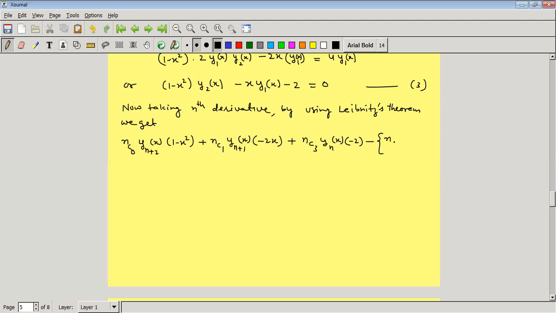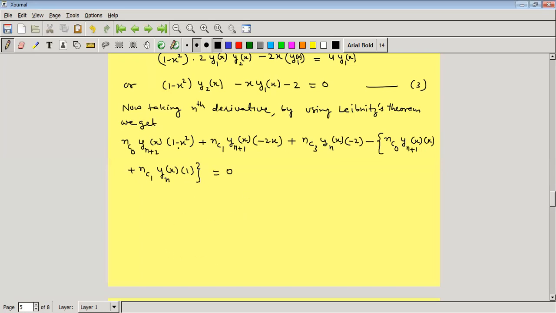So nC0 y1 nth derivative, we get y(n+1)(x) and x as it is, plus nC1 yn and the derivative of x is 1. And now all other terms, because the derivative of 1 is 0, we don't write any terms after this. And the derivative of 2 is 0. So this whole term is equal to 0.